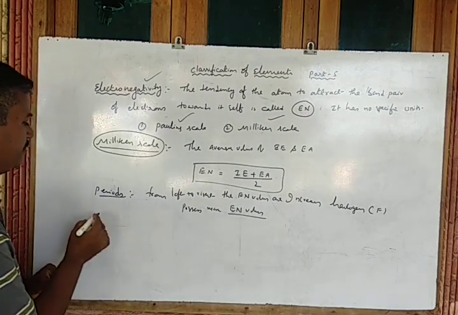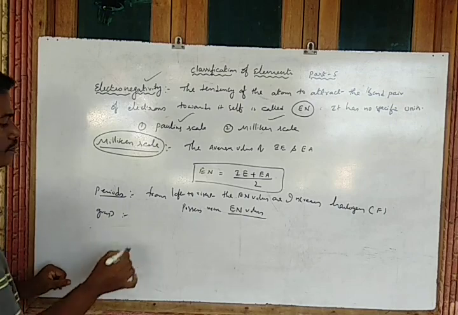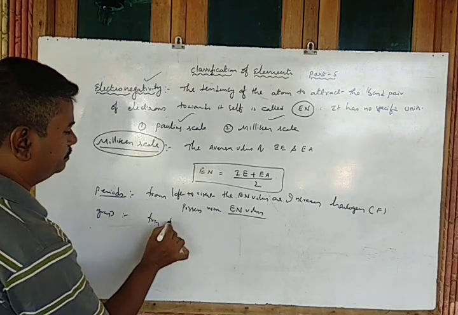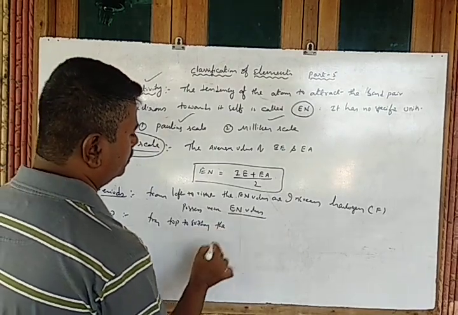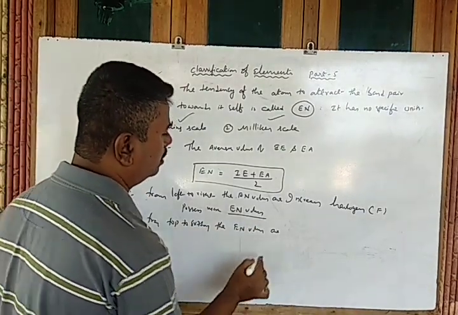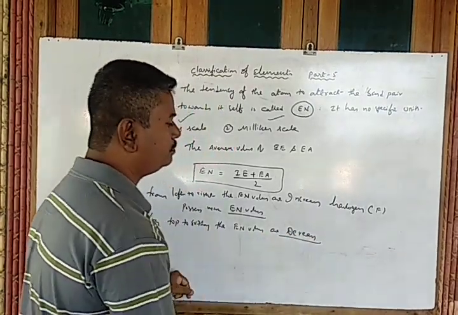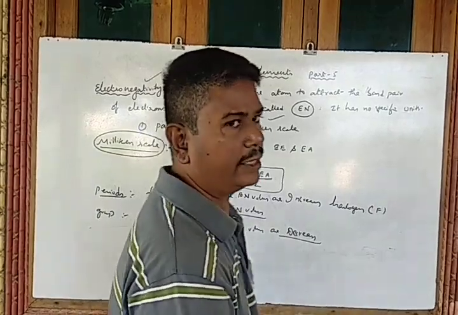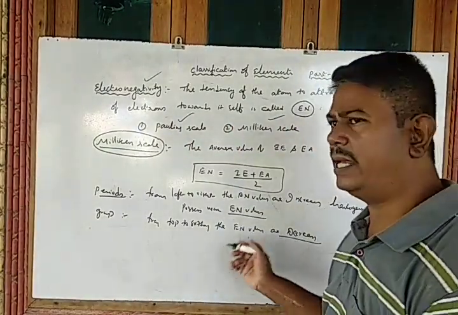Now, in the case of a group, from top to bottom, the electronegativity values decrease. Why?